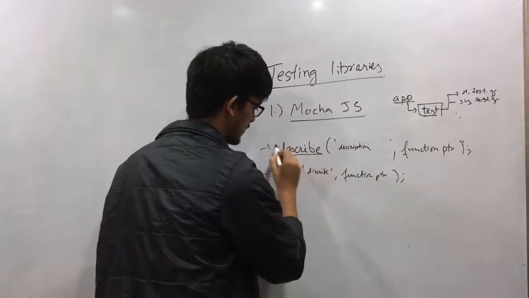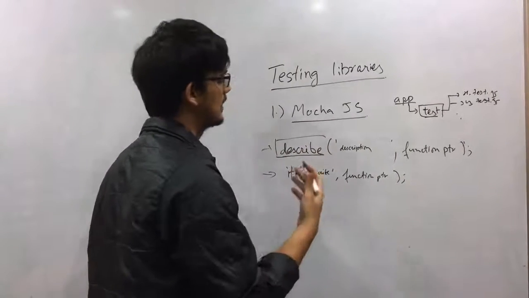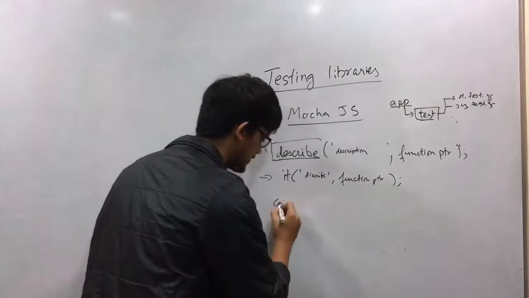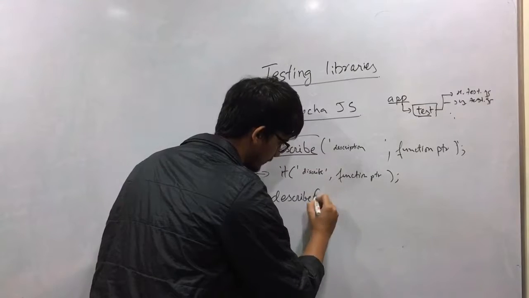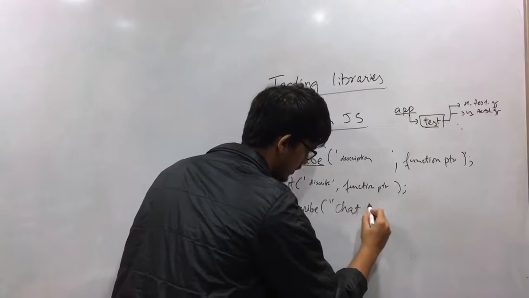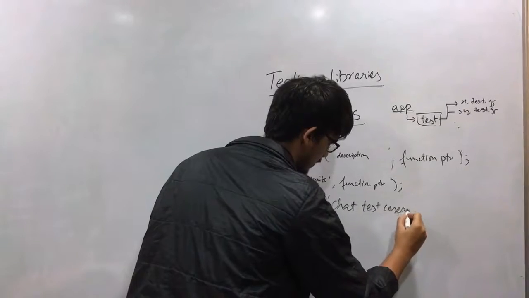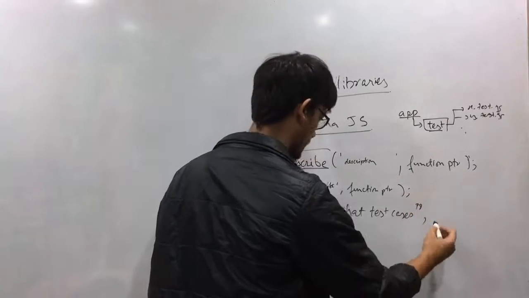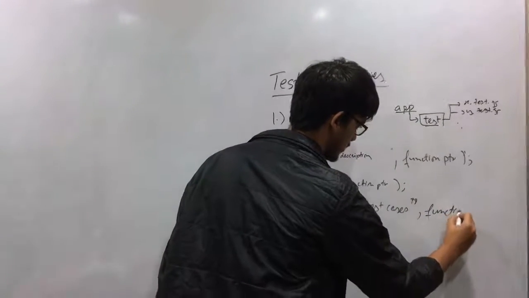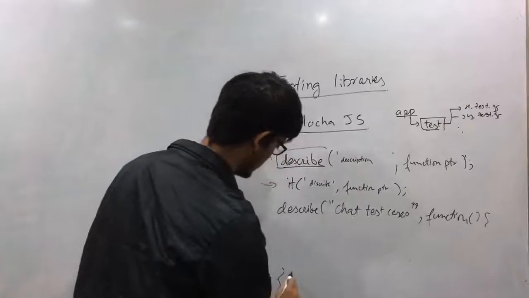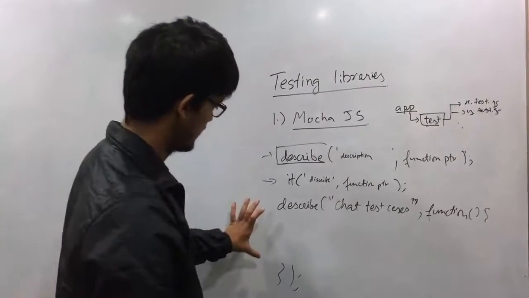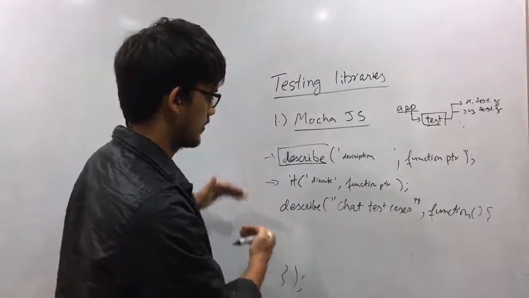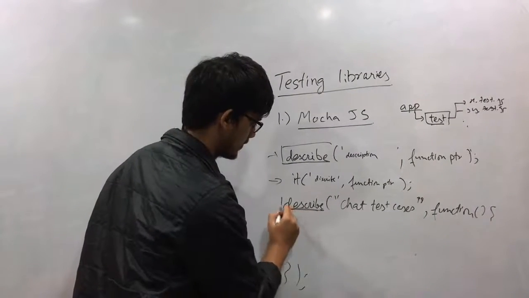The describe function tells us to describe a test module. Suppose I want to test the module called chat application. So I write describe chat test cases. This helps me to group the test cases in one module. And then I'll write a function, and inside this function would be my test cases.